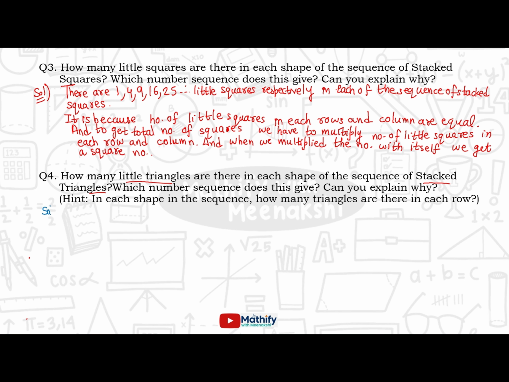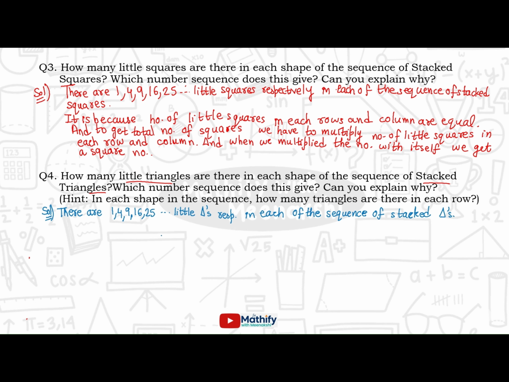So we'll write this answer: there are 1, 4, 9, 16, 25, and so on little triangles. I'm not writing triangles, I'm using the short form, respectively in each of the sequence of stacked triangles.